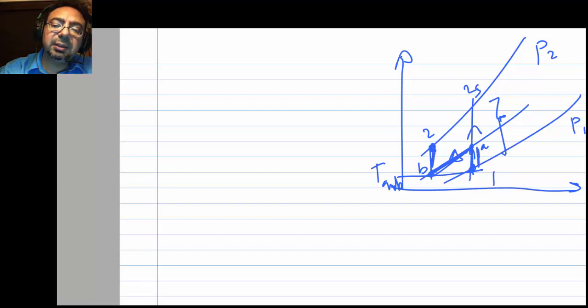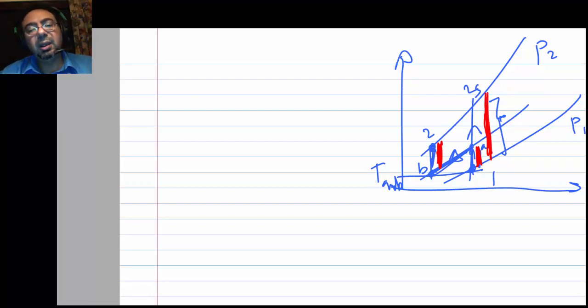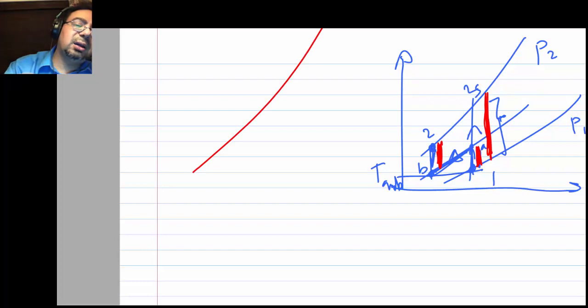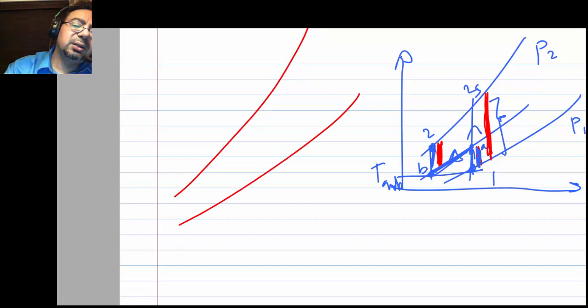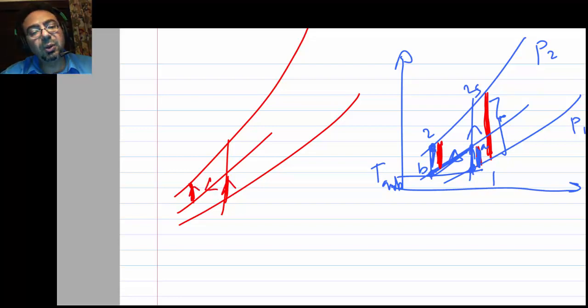If you add this and this, you will realize that it is less work than this. It's as if the lines are getting closer together, and so doing this and then doing this will save you work.